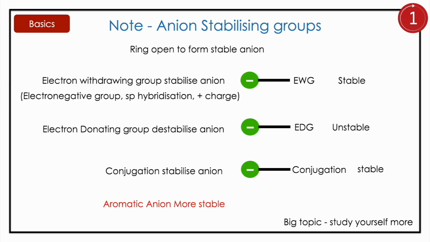On the contrary, electron donating groups destabilize the anion. It makes the anion unstable, so it doesn't form. Conjugation also stabilizes the anion. So you should know the anion stability. Among the anions, aromatic anion is more stable and forms predominantly. It's a big topic. If you are interested, go and study it yourself.